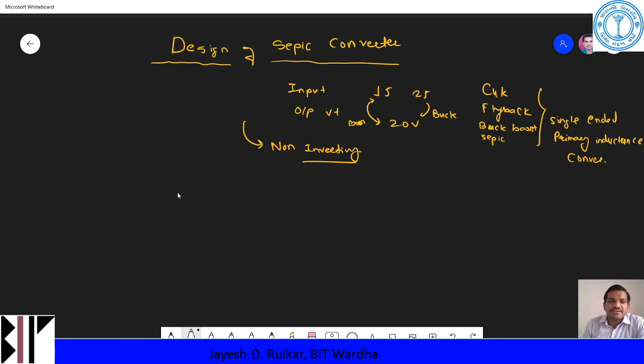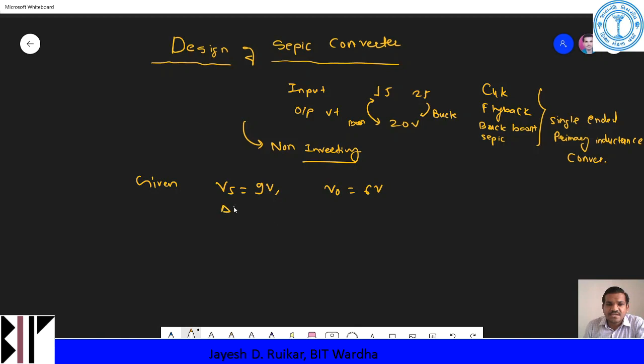The given parameters are: the source voltage Vs is around 9 volt, and the output voltage V0 is 6 volt.